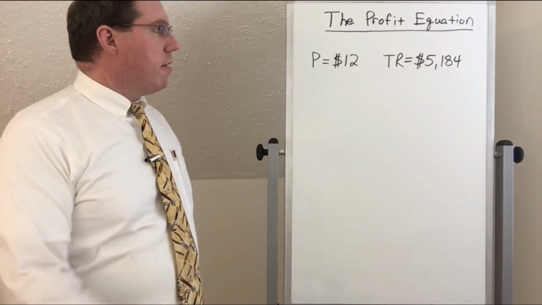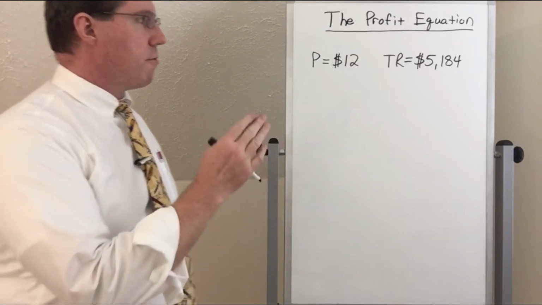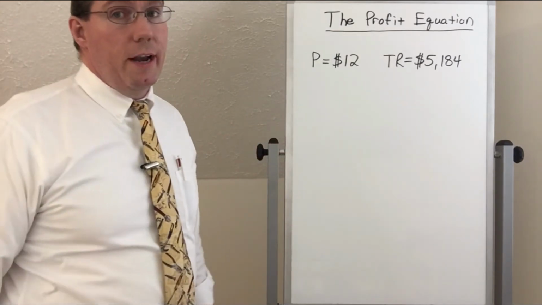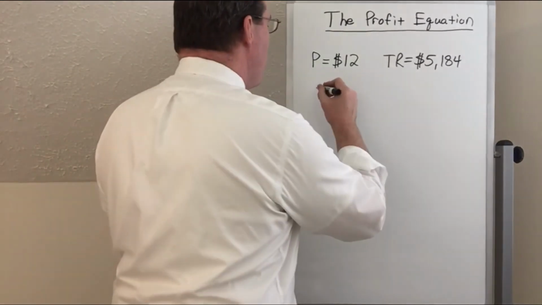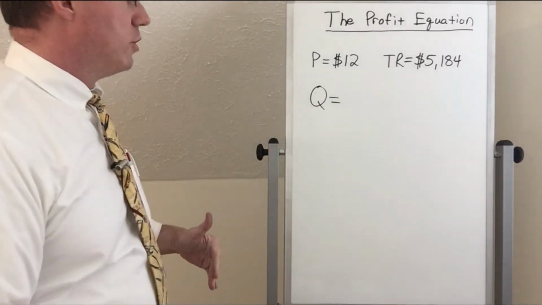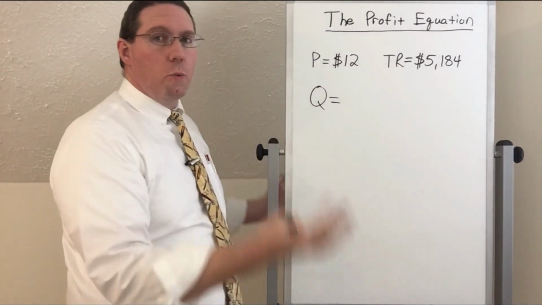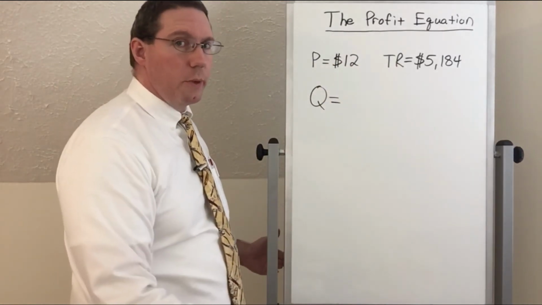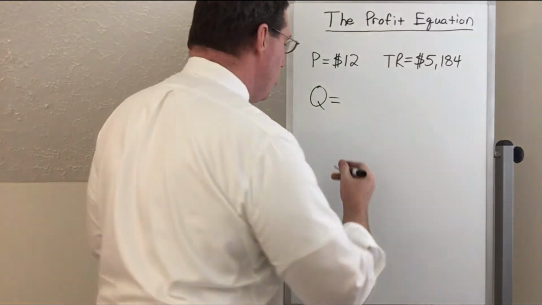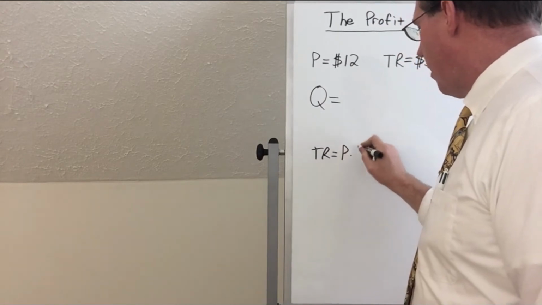All right, so let's say that I'm told that the price that the firm sells for is $12, total revenue is $5,184, and what I'm being asked for is what is the quantity, okay? Well, in order to answer this question, we need to think to ourselves, how are price and total revenue and quantity related to each other? Which equation are we going to use? Well, we're going to use the total revenue equation, which is total revenue is equal to price times quantity.